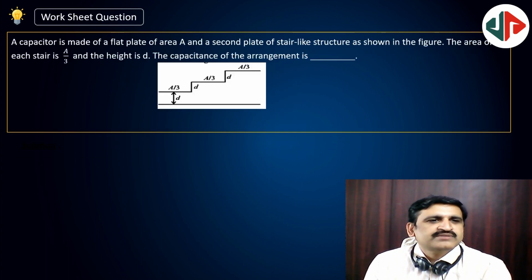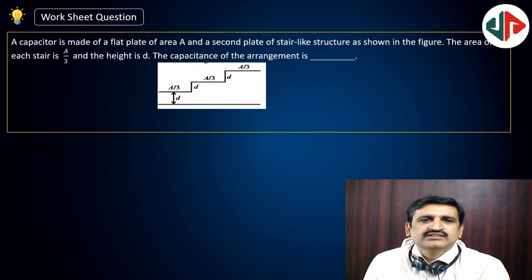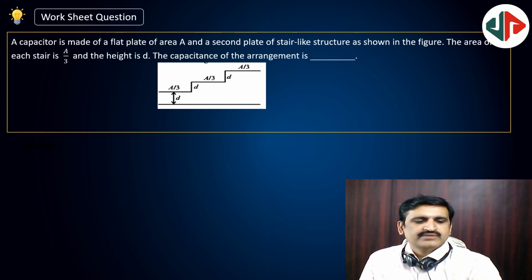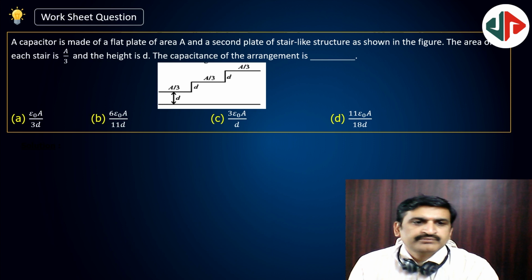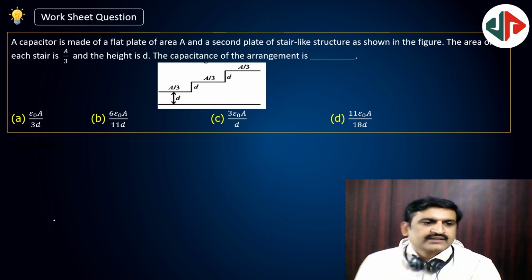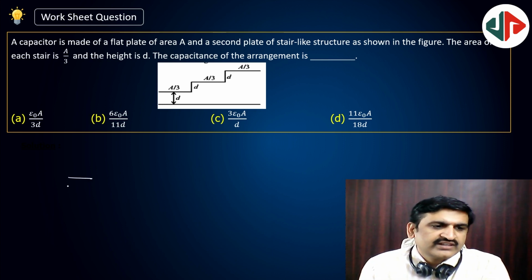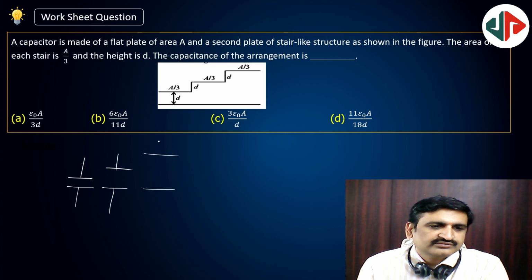A capacitor is made up of a flat plate of area A, and the second plate is made up of a like structure. Here the capacitors are in parallel. The capacitors are, one is this one, and one is this one, and one is this one. These three capacitors are in parallel.